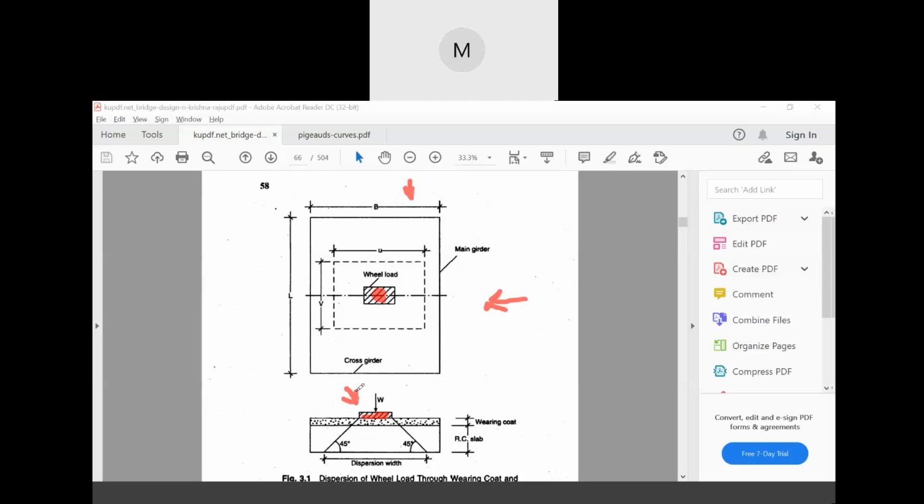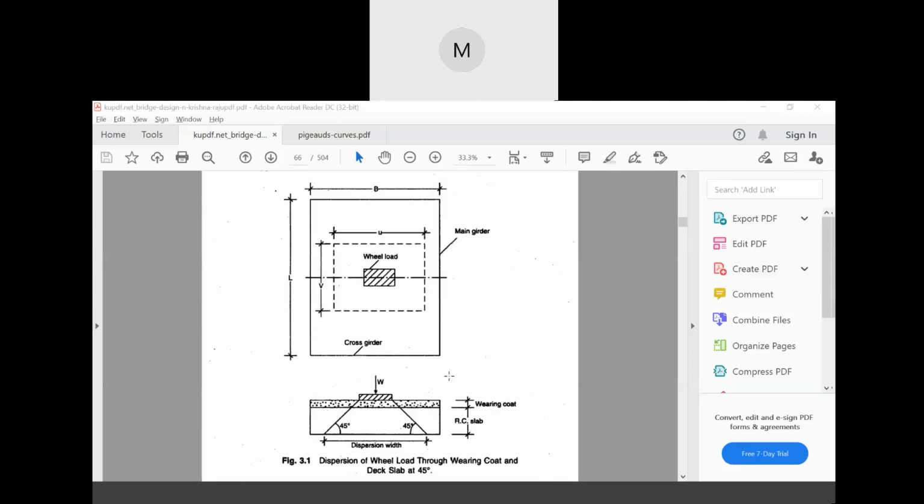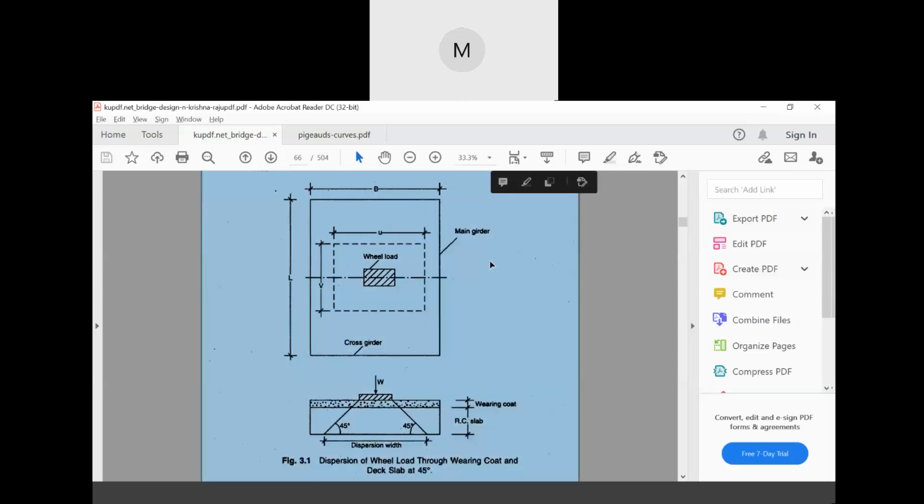Now if it looks like this, you all know this gets dispersed at 45 degrees. Fine. Now if it gets dispersed at 45 degrees, then as per the Indian Roads Congress formula, this u means what? In this direction, u equal to what?